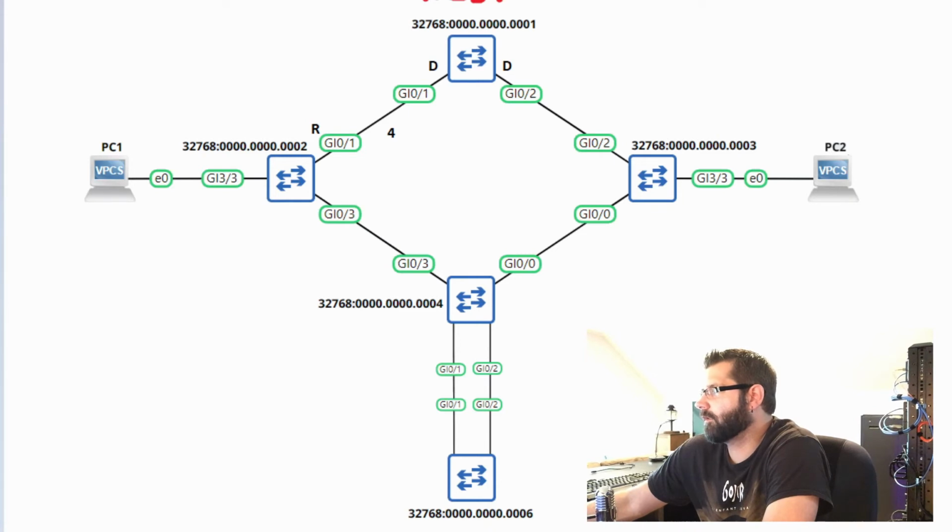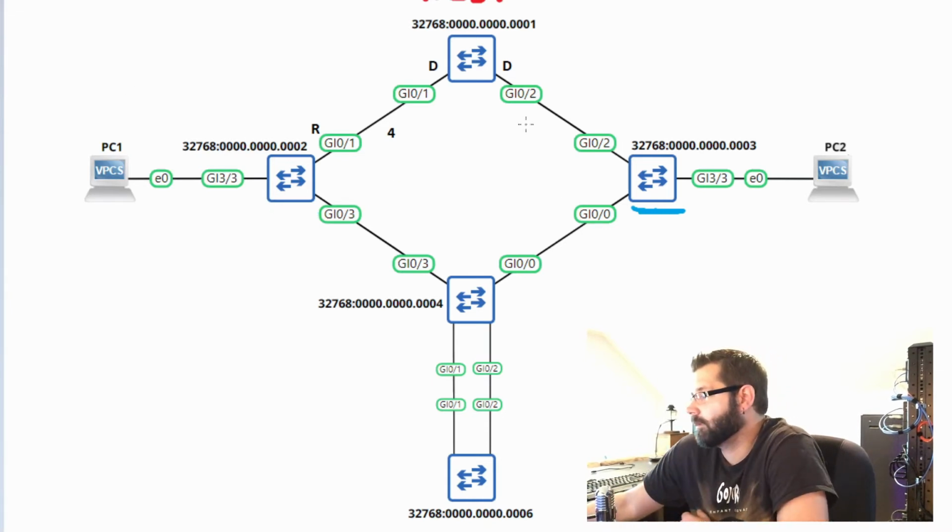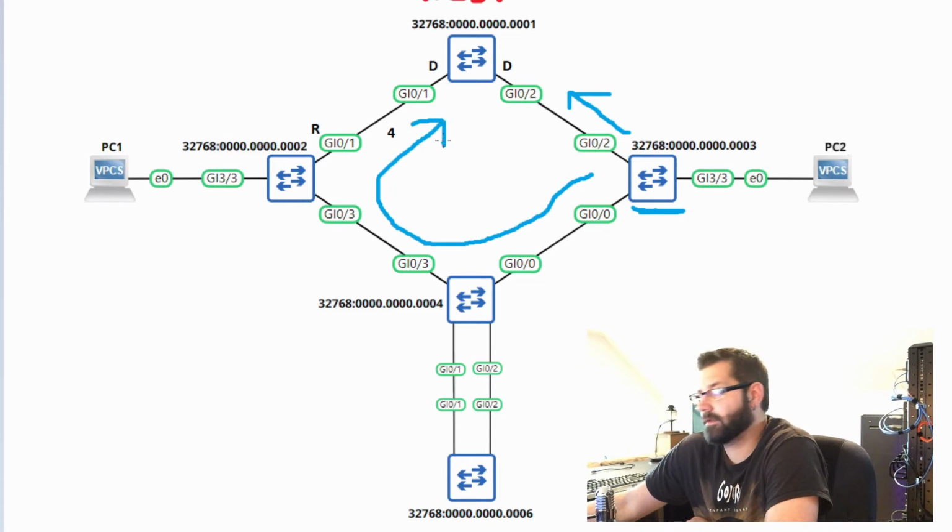All right, now let's move over to this guy right here. It's kind of the same thing as it was on this switch. Root port, we can either go this way or we can go this way. It's going to be the same.